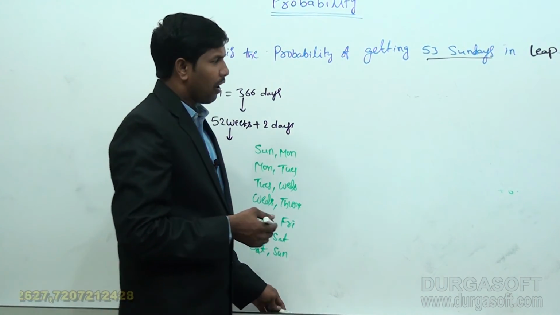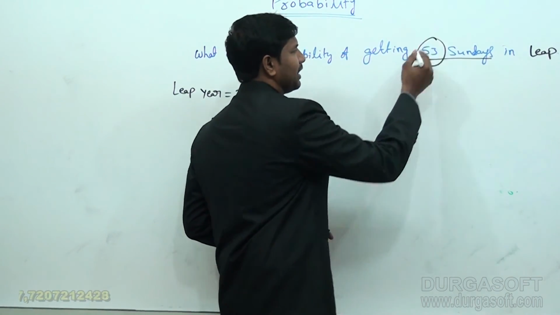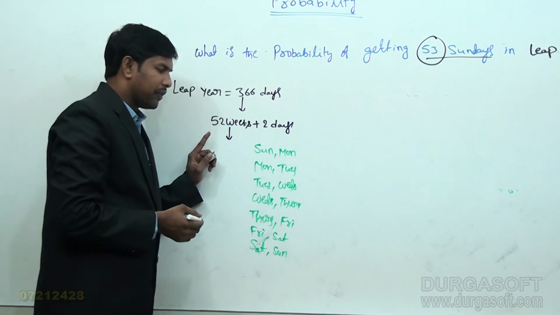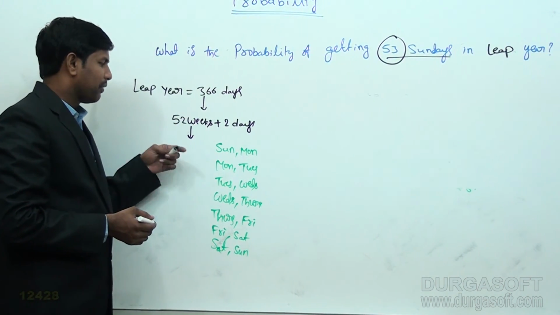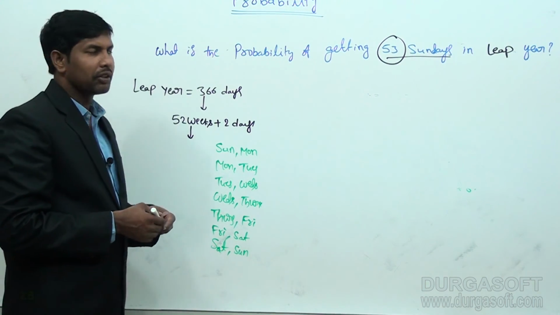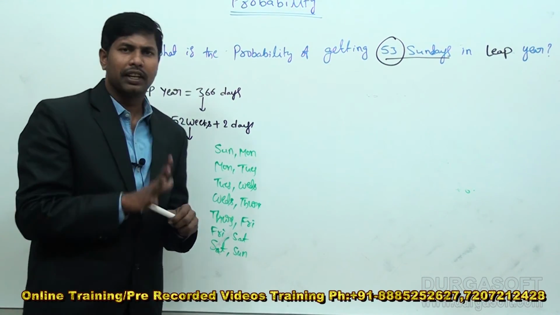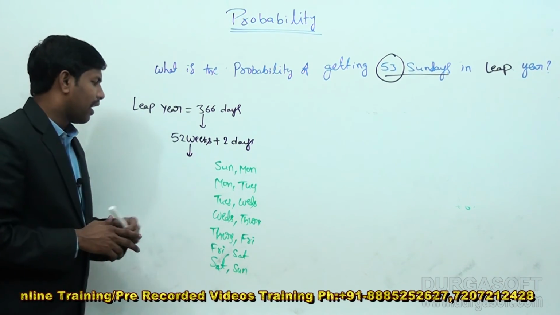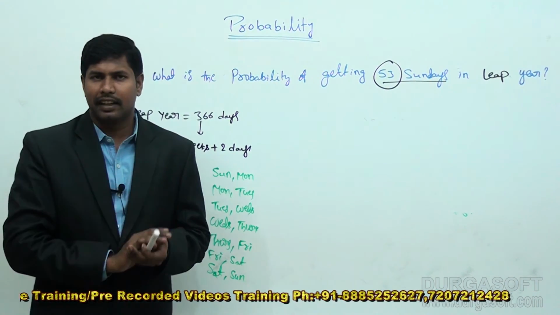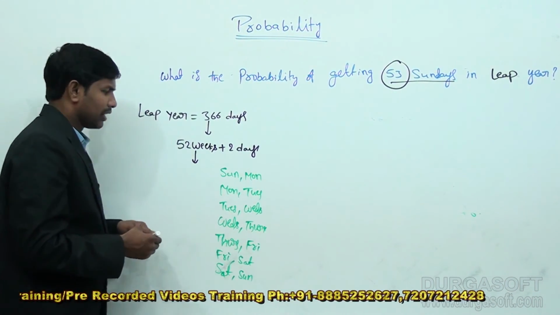Here exactly what I am asking, I want 53 Sundays. Already I got 52 Sundays because every day of the week is repeated 52 times. So the other value I am expecting is another Sunday. To get Sunday, what is the number of chances?